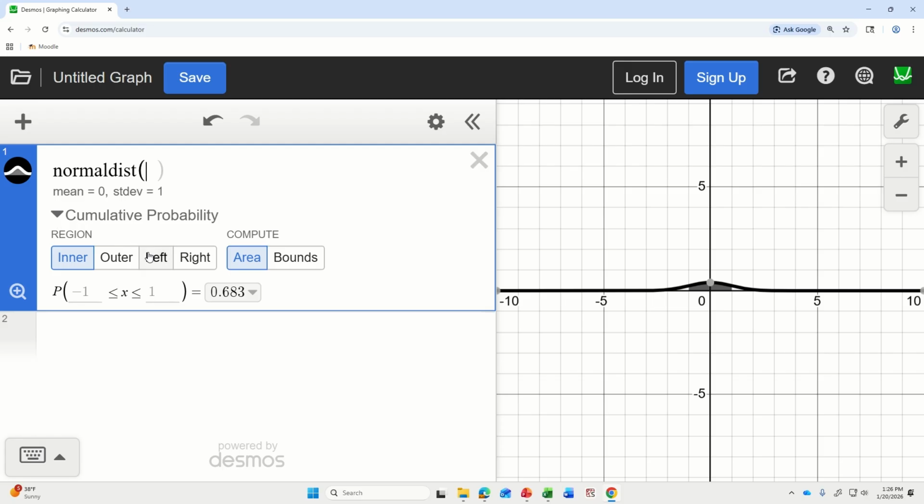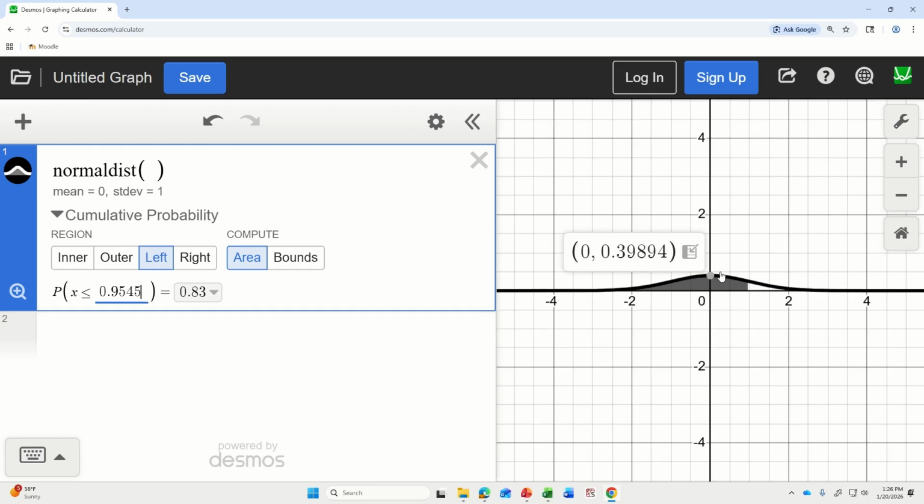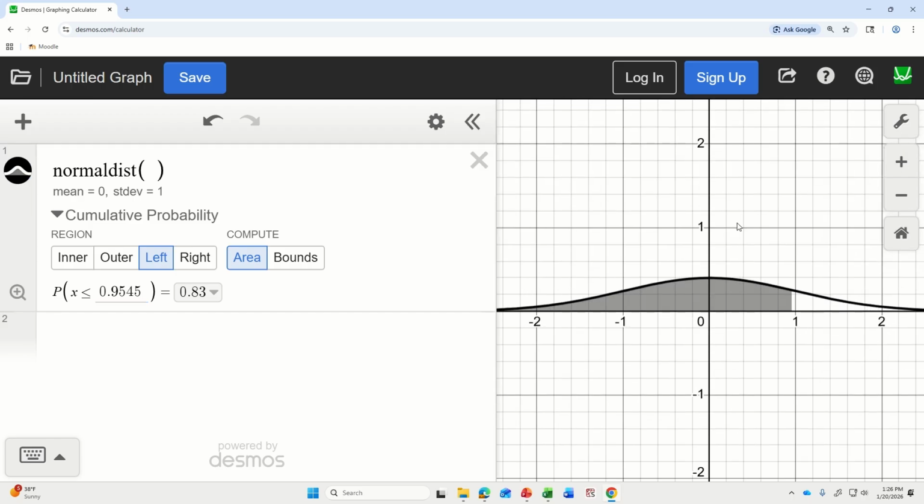Then I click left, and in the blank, I'm going to type in 0.9545. So let me say that again.